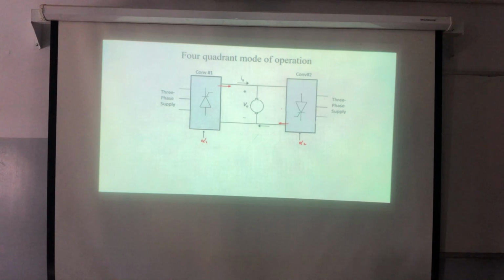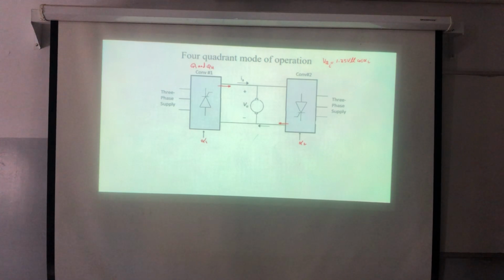Remember, VA will equal 1.35 V line to line cosine alpha, where alpha is alpha 1 or 2. So converter 1 will be supporting the machine in Q1 and Q4. Why?